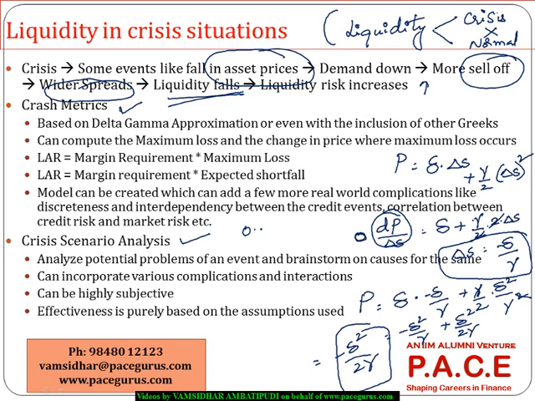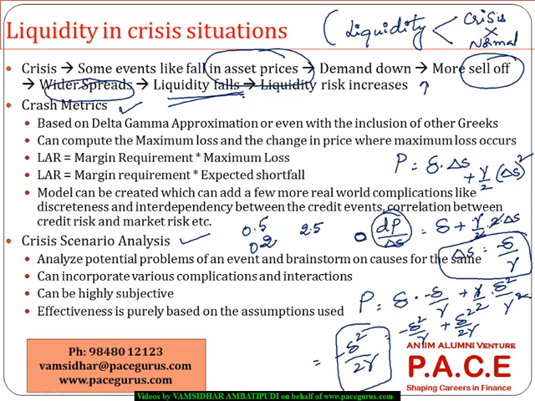So if the delta is around 0.5 and gamma is around 0.2, what we are saying is if the change in price is somewhere around 2.5, which is like an extreme fall, we can assume that the maximum loss can occur, and that the value of the maximum loss is minus delta squared by 2 gamma.